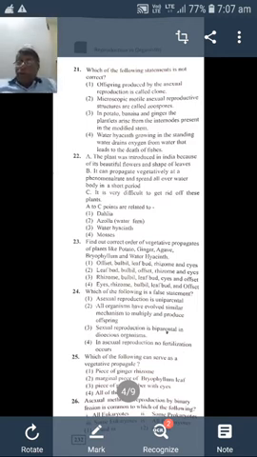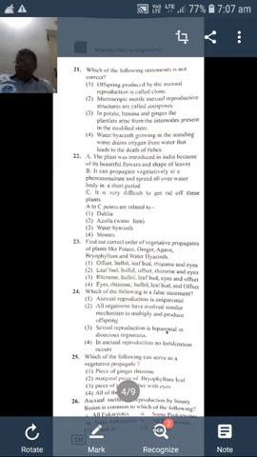Sexual reproduction is biparental, of course, in dioecious plants. Dioecious means sexes are separate. Male and female organisms are different. Like man. In man, the male and female separate.